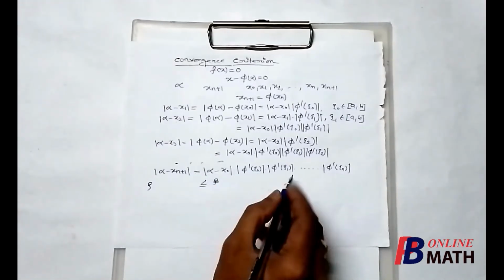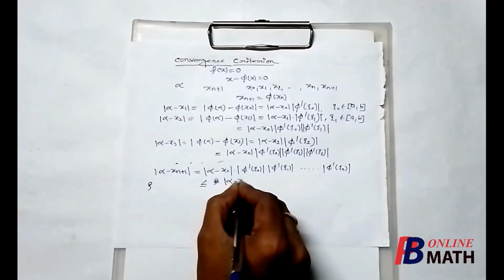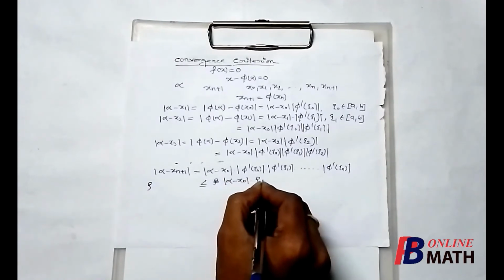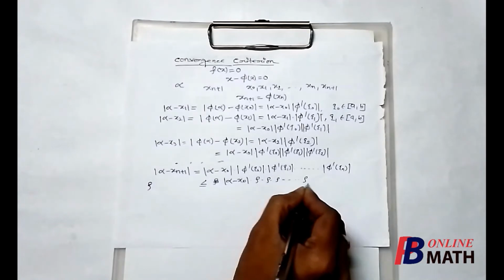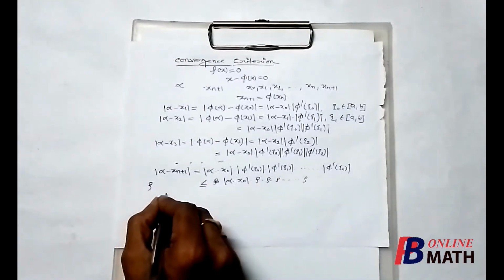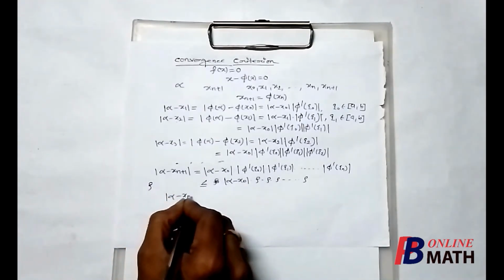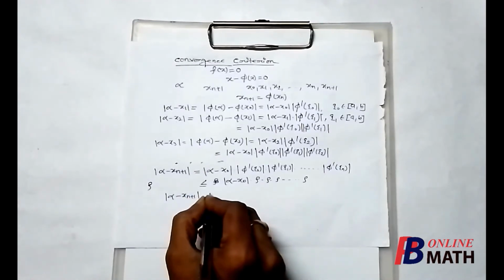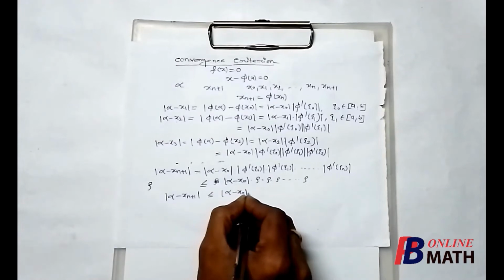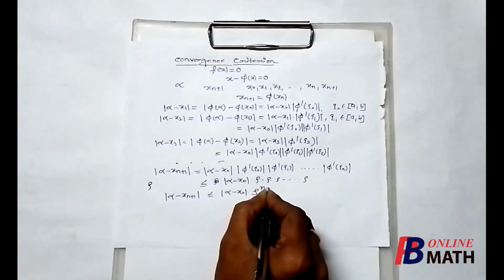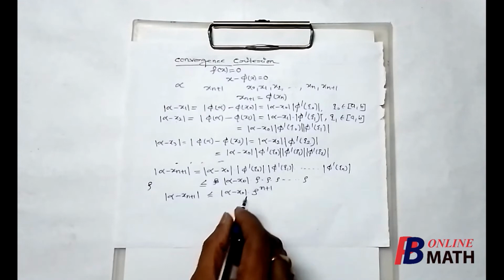So this will be less equal to alpha minus x0, multiplied by rho into rho into rho, n plus 1 number of times. So alpha minus xn plus 1 will be less equal to alpha minus x0, its modulus, multiplied by rho to the power n plus 1, where rho is a positive quantity.